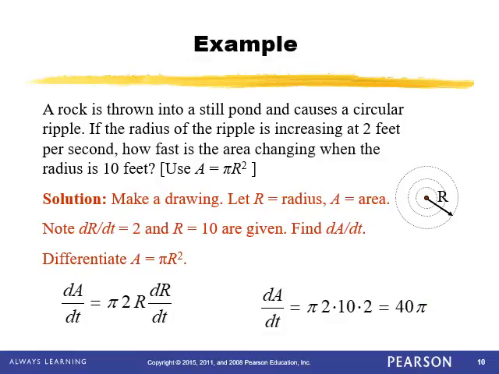Again, we're drawing a picture. Make a drawing first, number one thing to do. So here's our picture. Capital R is our radius, capital A is our area. We found earlier that dr/dt is 2, r is 10.